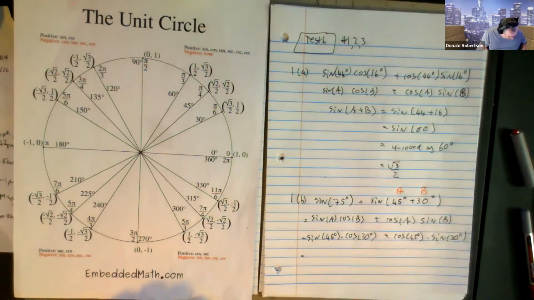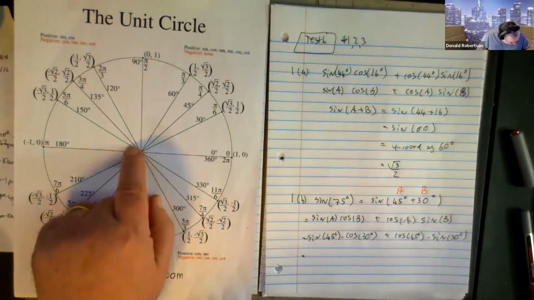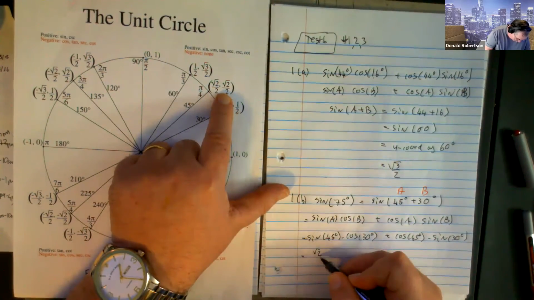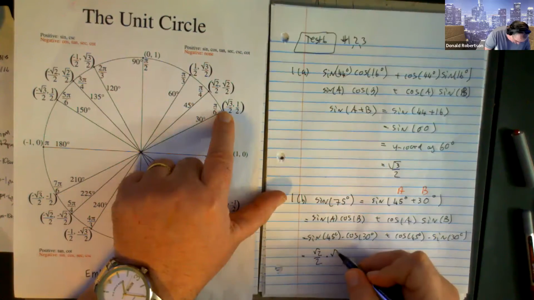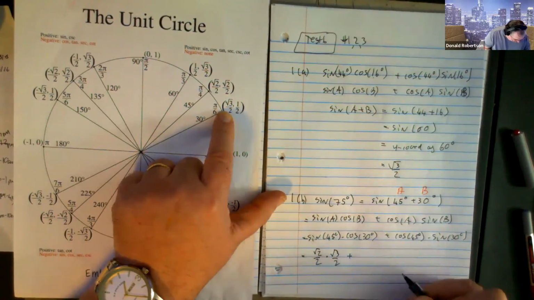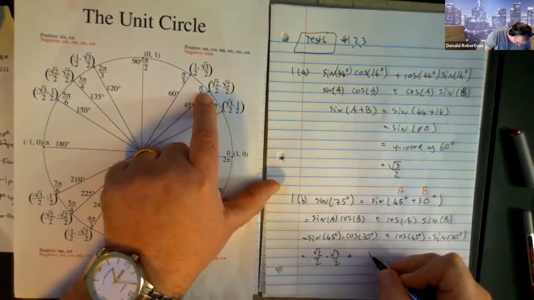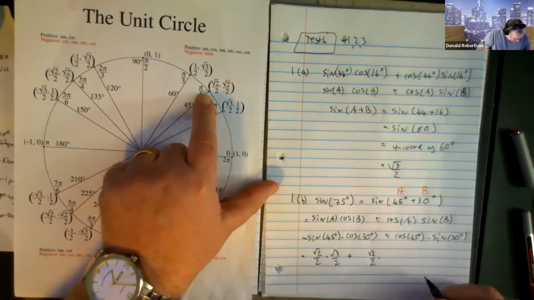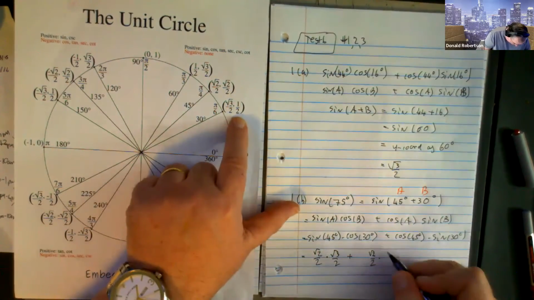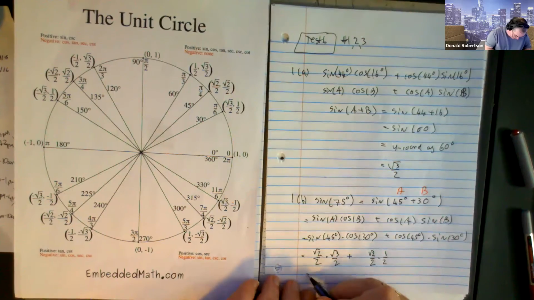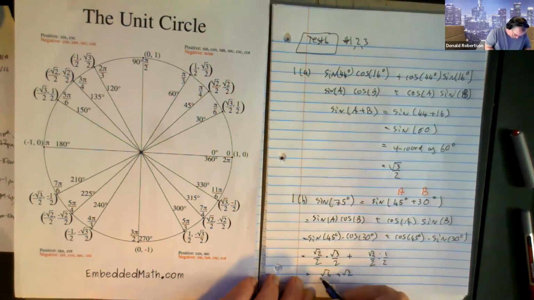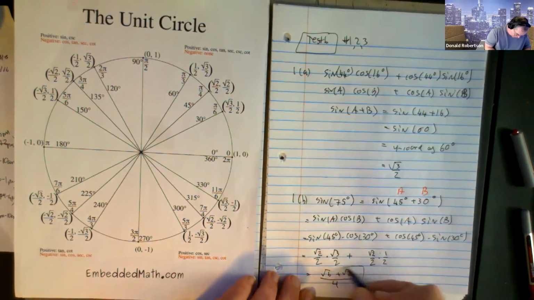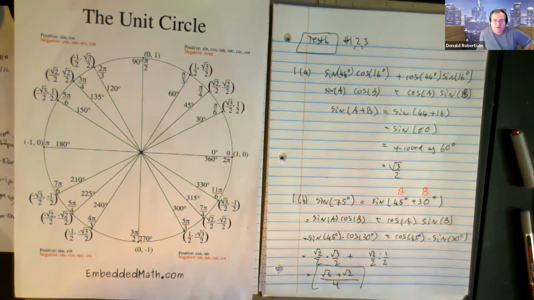And then the unit circle takes over. The sine of 45 is root 2 over 2. Cosine of 30 is root 3 over 2. Plus cosine of 45 is root 2 over 2 times the sine of 30, which is a half. Those two get you root 6, and that one gets you root 2, and 2 times 2 gets you 4, and that's your answer to that one.